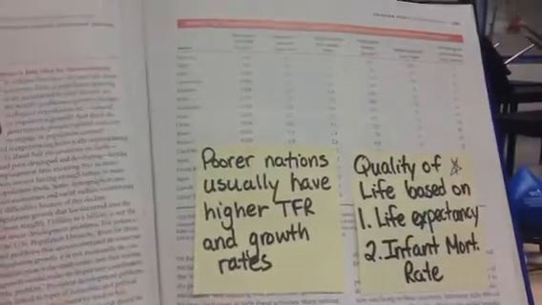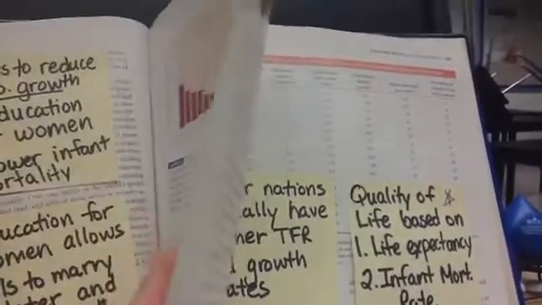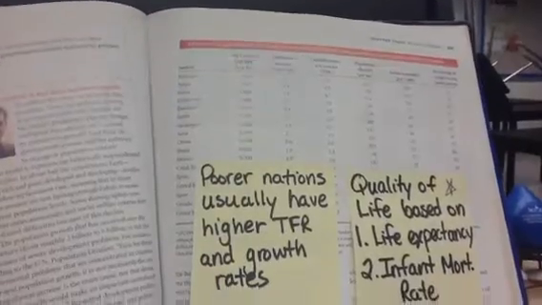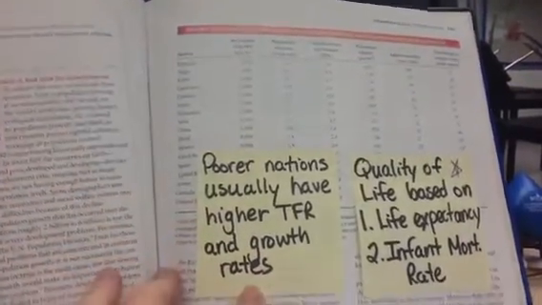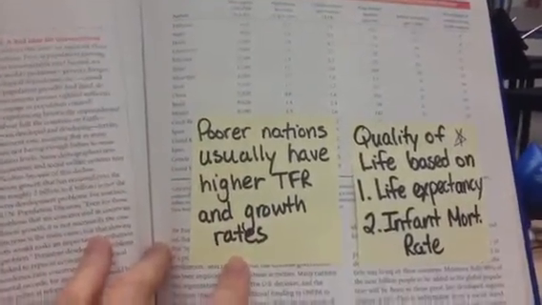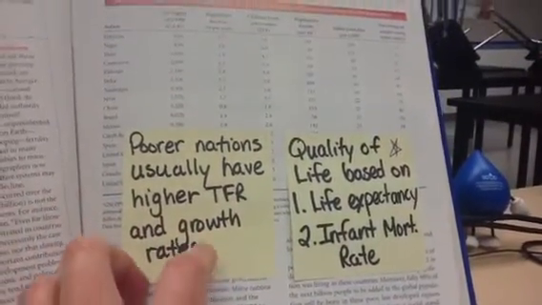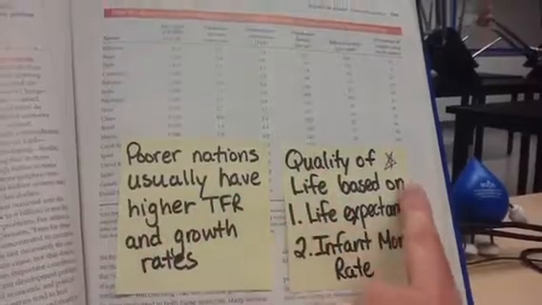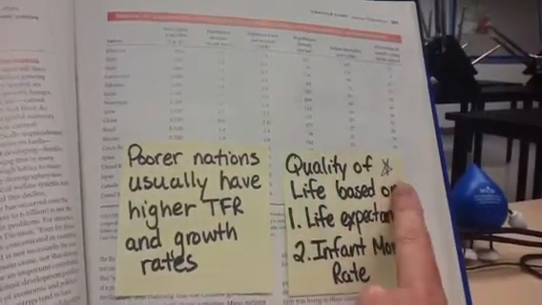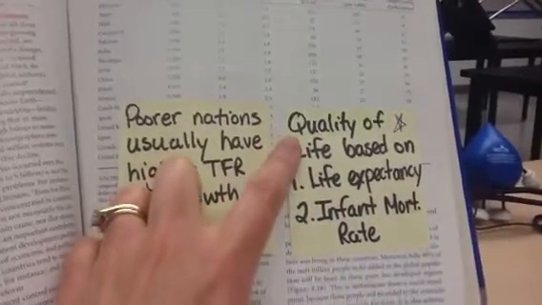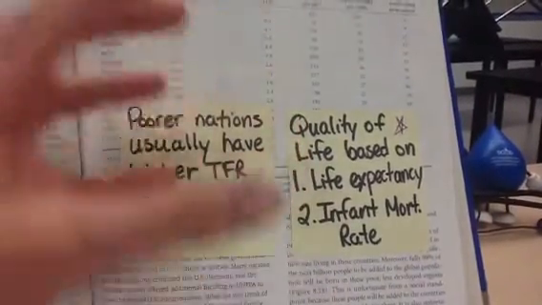234 and 235. All right, so going on to 235, and this is under population policies and family planning. We have here that poorer nations usually have a higher total fertility rate and growth rates. And then another part of the chapter that's actually not in your book, but you need to know it, is there are 2 ways we measure the quality of life.